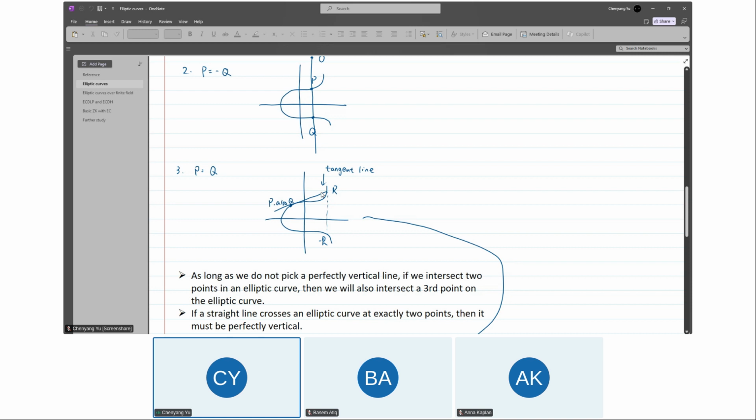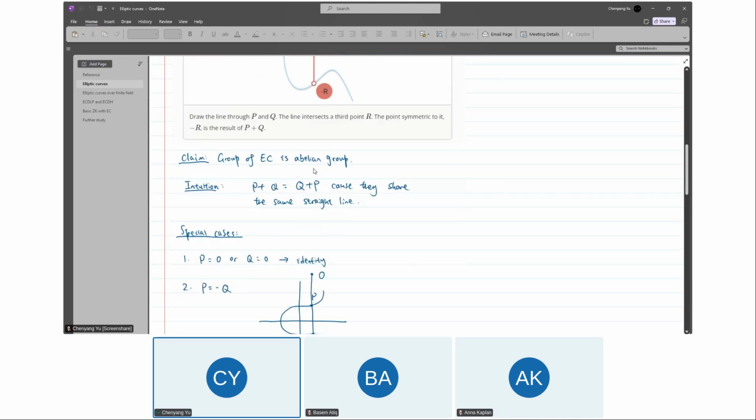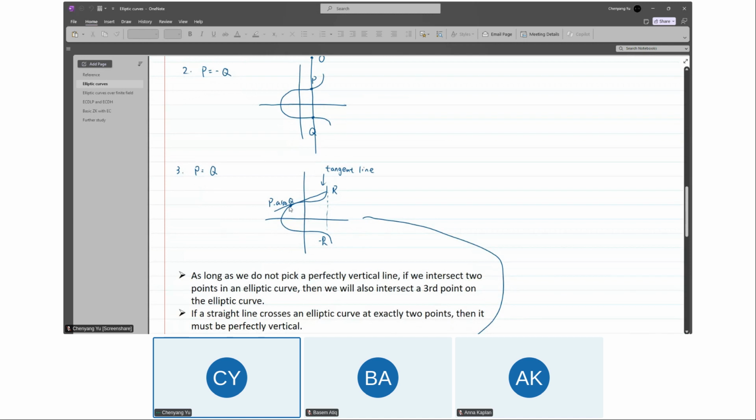So for this one, I think rigorously you have to prove it, but I don't want to do too much formal proof on this. The thing is, there's a theorem saying if you draw a line between P and Q in this case, then you must have an intersection somewhere, okay? If you draw a tangent line, then you only have two intersections, this one, this one.